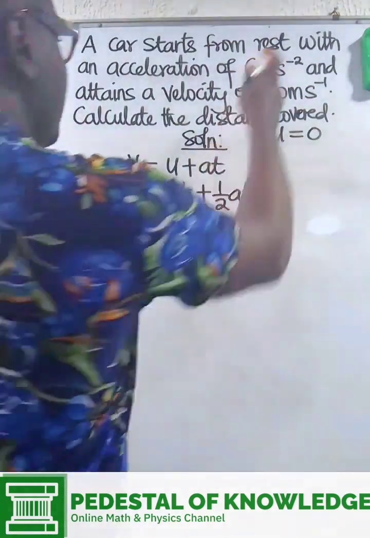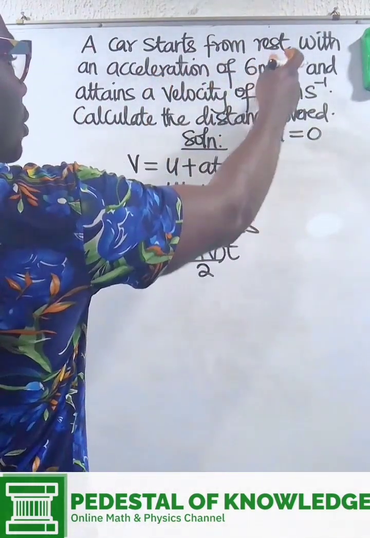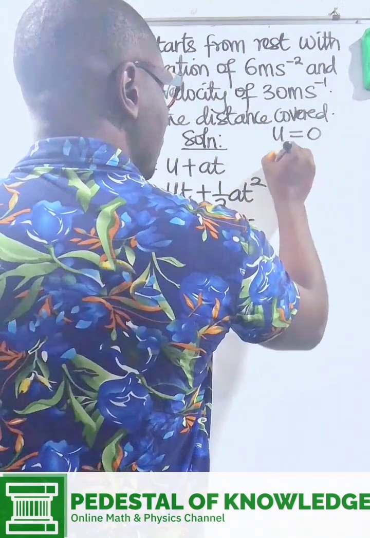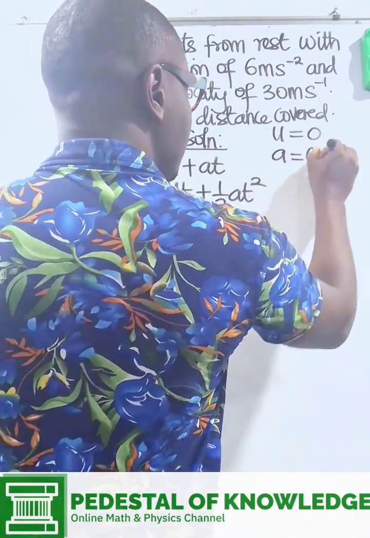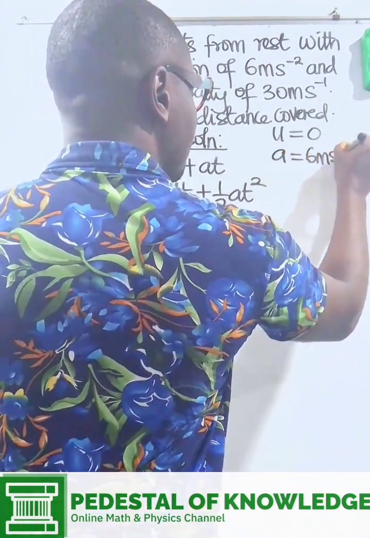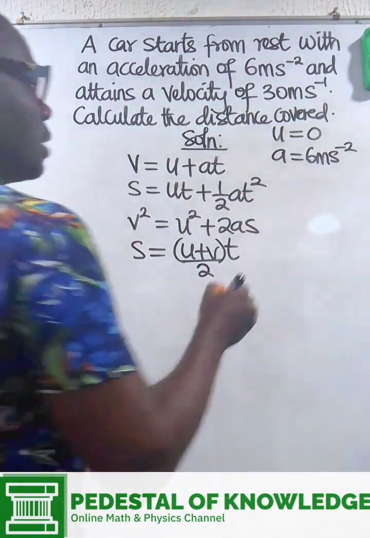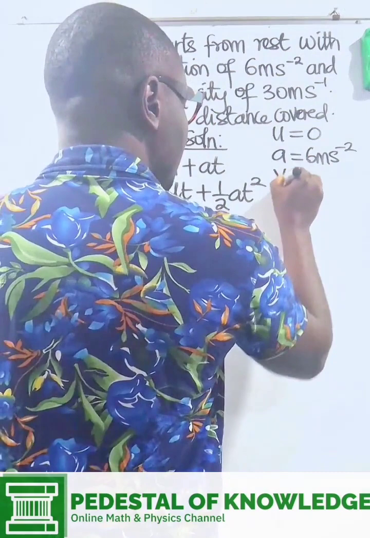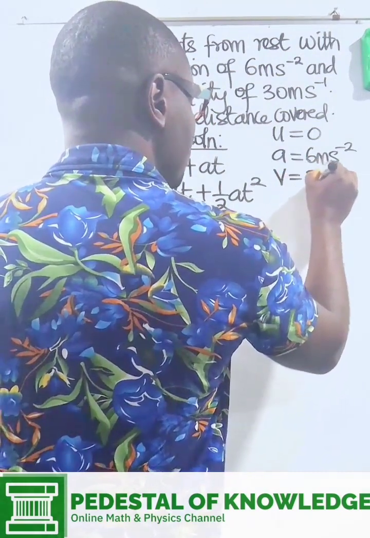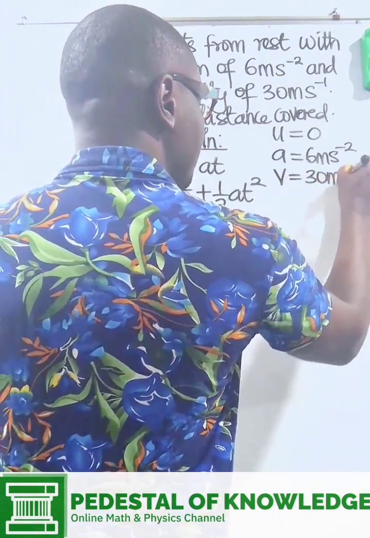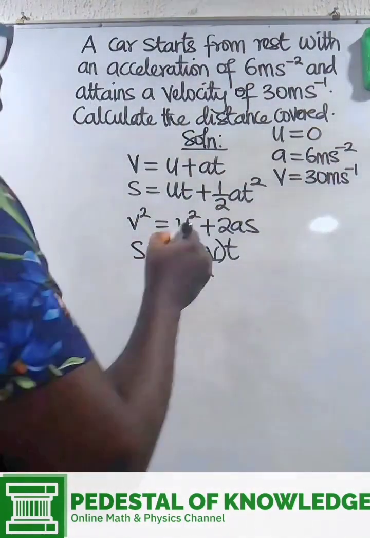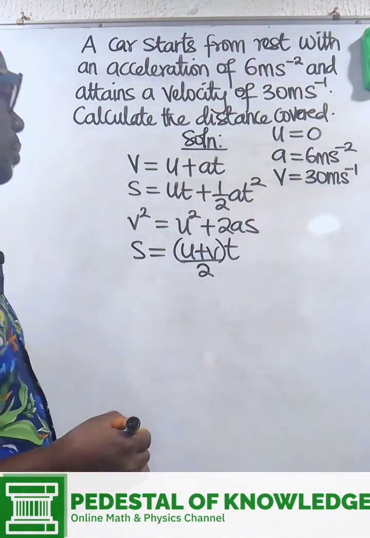It says with an acceleration of 6 meters per second, so the acceleration A is equal to 6 meters per second. And then attains a velocity of 30 meters per second. That means that the final velocity V is equal to 30 meters per second. It says calculate the distance covered.